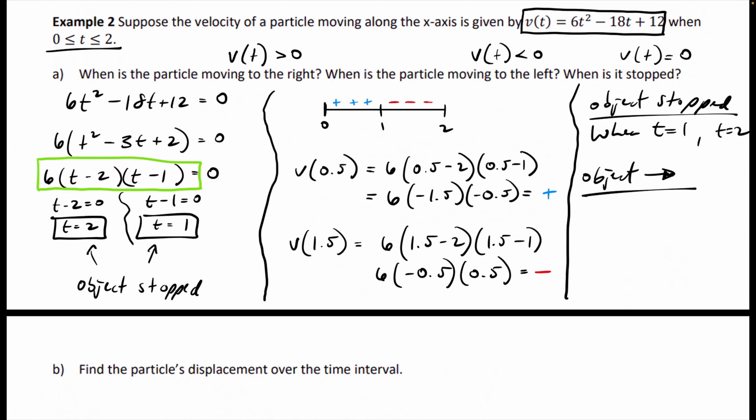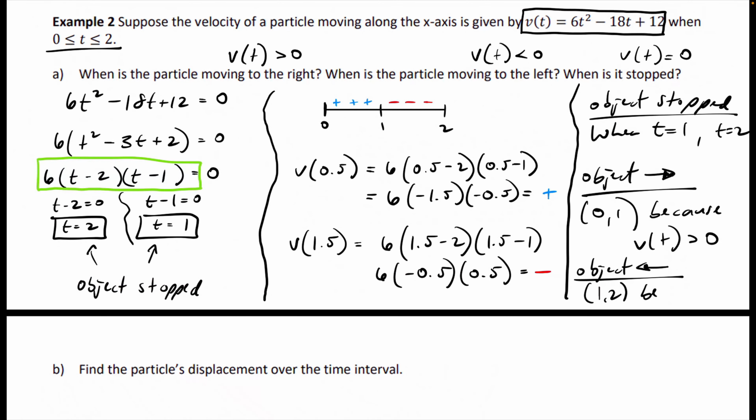Right arrow means moving right. We said moving right means greater than 0, positive, right? So that's going to be from 0 to 1, because v of t is greater than 0. And then the object is moving left from 1 to 2, because v of t, oops, I'm running out of room here, v of t is less than 0.